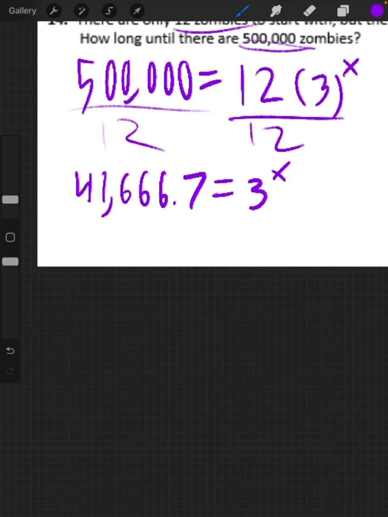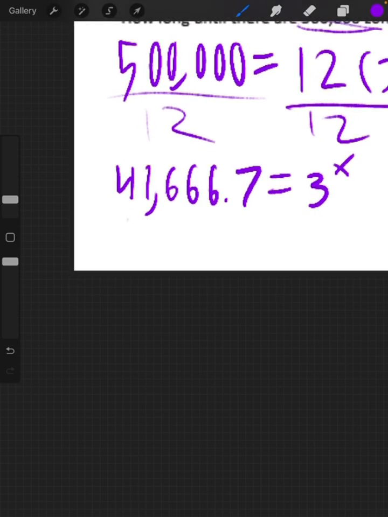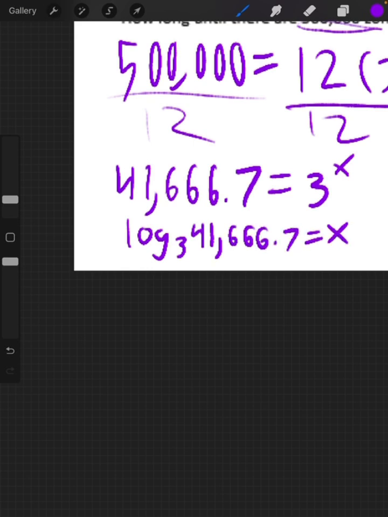So now we can use logs to solve this. So then we have log base 3 of 41,666.7 equals x. And then we can just pop that into Desmos real quick, because I am not doing that.